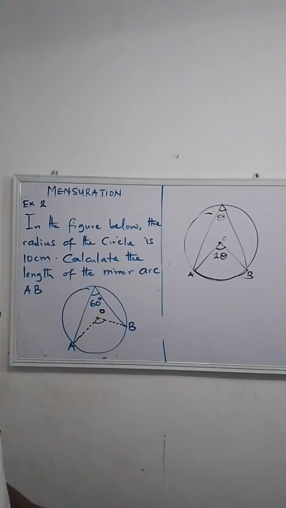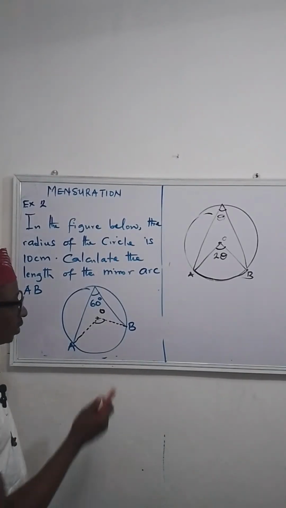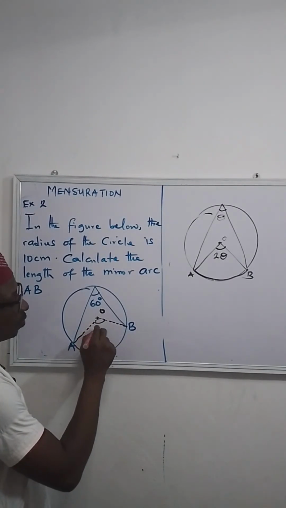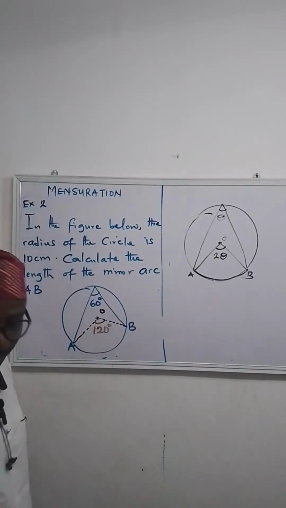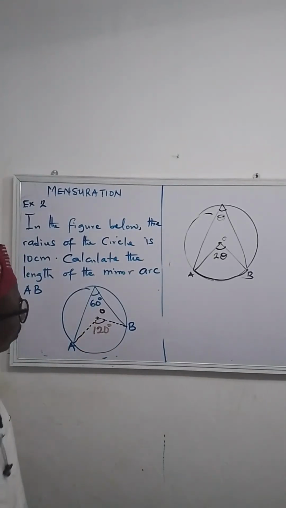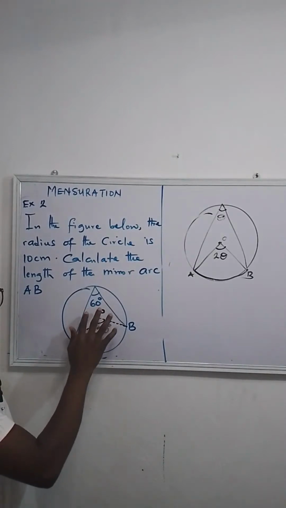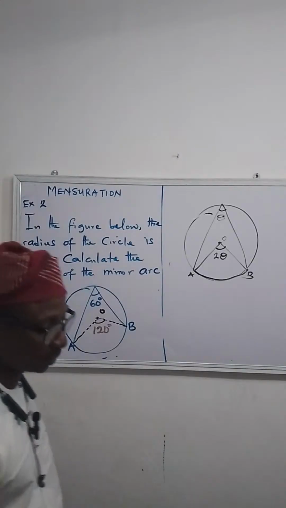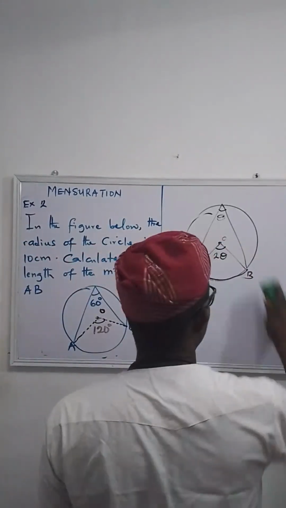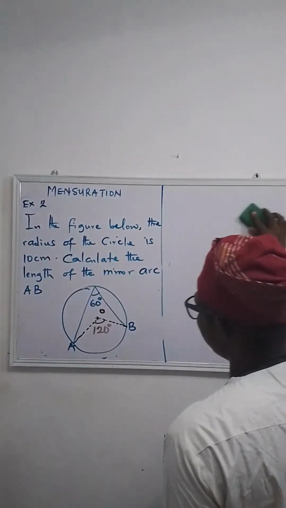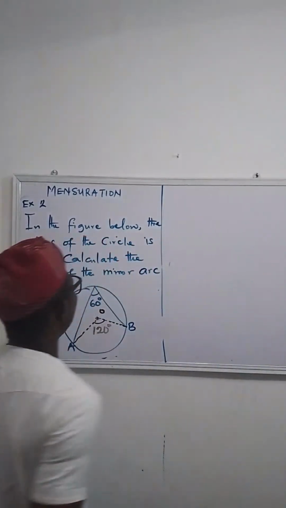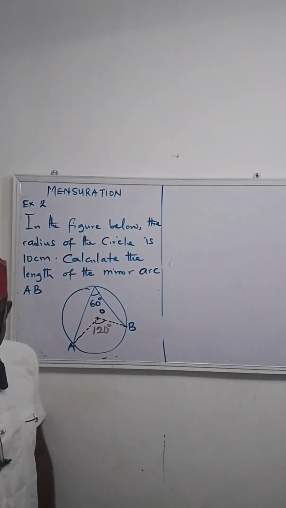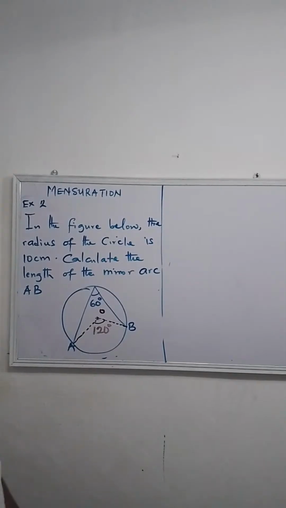So, if you understand what I've said, it means this angle here is going to be 120 degrees. Do you understand that? That will be 120 because 2 times 60 gives you 120. All right, since we now know the angle at the center, we can go ahead and calculate the length of arc AB.